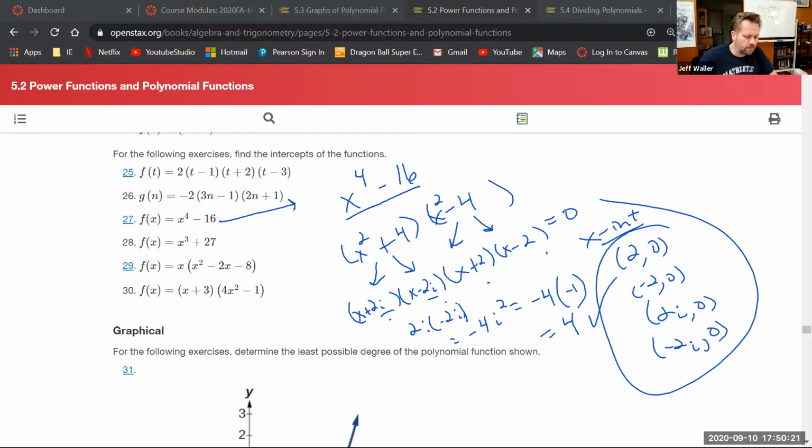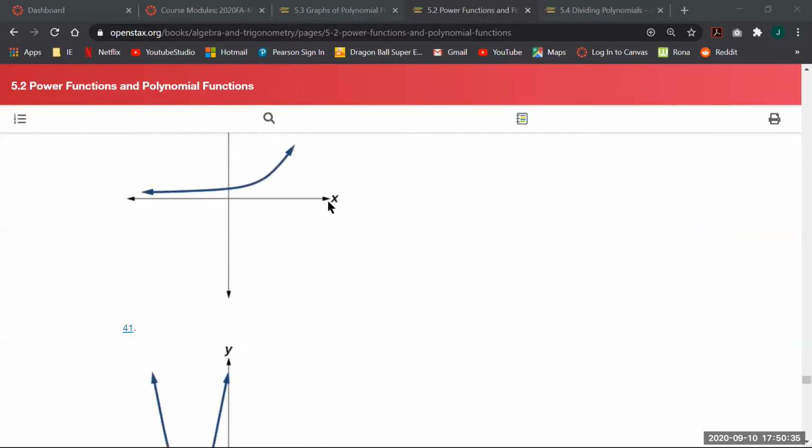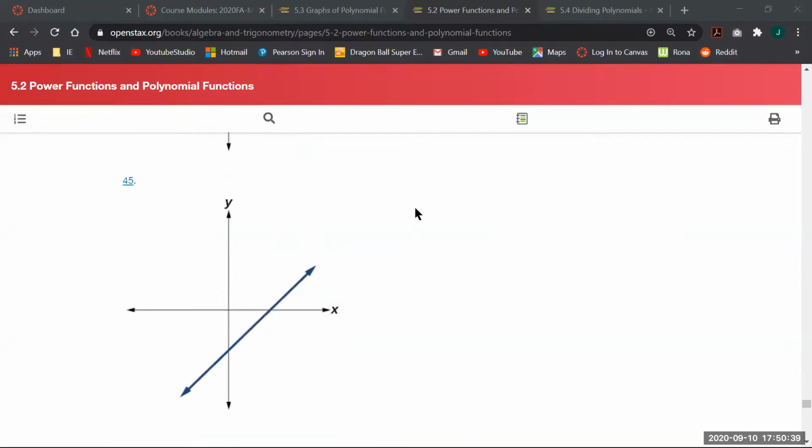I have a question. Is a straight line a polynomial? That's a very good question. What kind of straight line? Problem 45 was asking what the least degree would be, or if it was a polynomial, but it's a straight line. Okay.